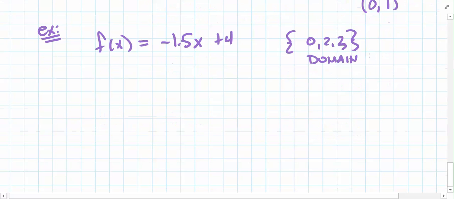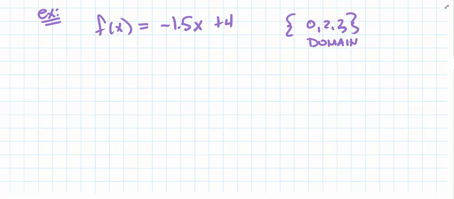Okay, I have a function. The function notation says f of x is negative 1.5x plus 4. I told you that the domain is only the points 0, 2, and 3. So the domain only has 3 elements. How do we then get the range?